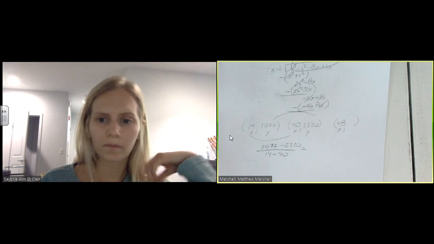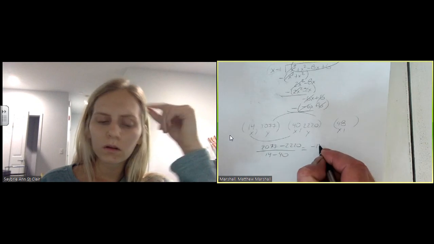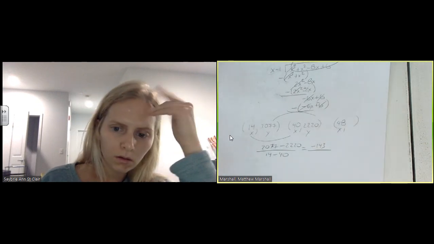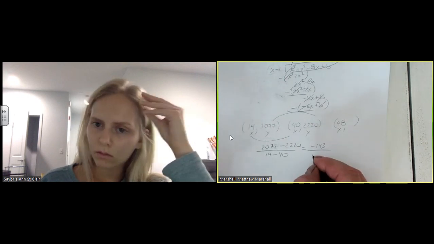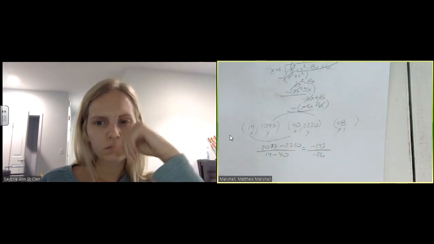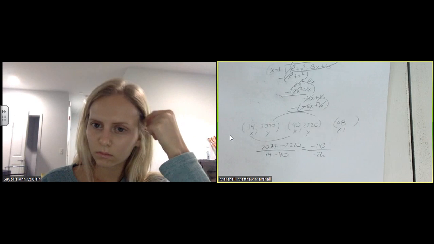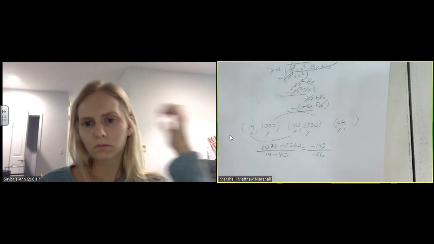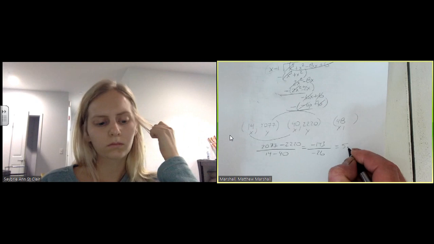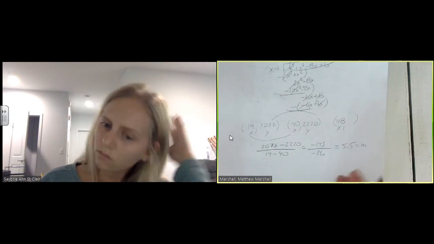Misplaced my scientific calculator. That's negative 123. This is negative 26. So that gives me 4.73 as my rate of change, my slope.